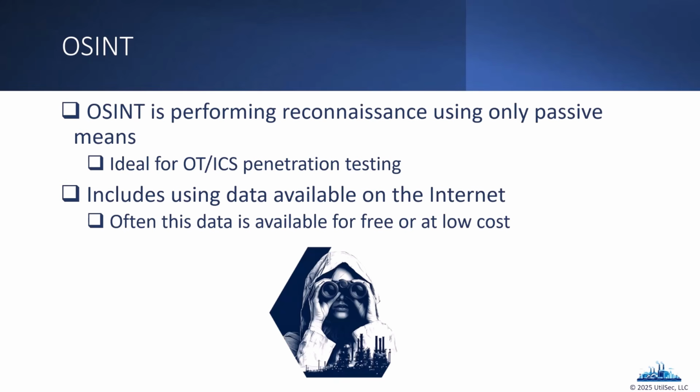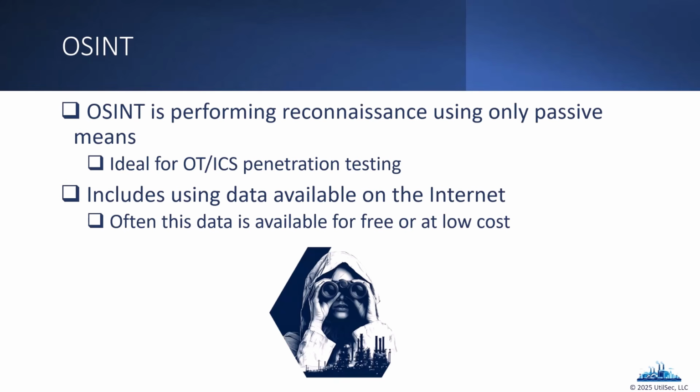Remember, you don't need a client's permission or a potential client's permission to use tools like Google or Shodan or other utilities or tools we have on the internet that we can use to find out information about that target environment. So we do have a strong focus on OSINT and passive-only reconnaissance in OT, ICS penetration testing.